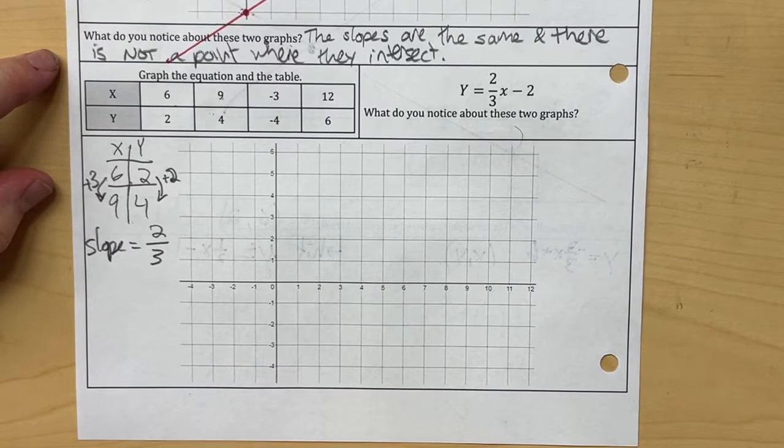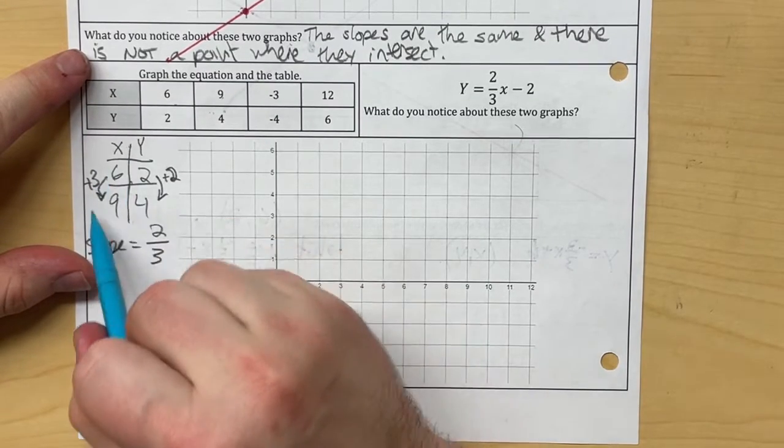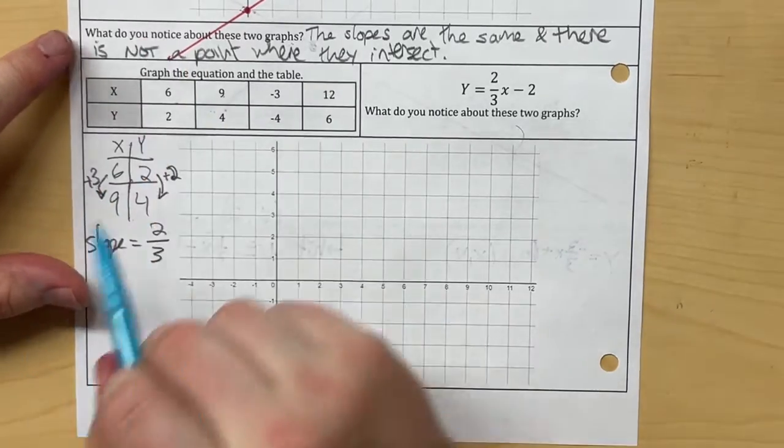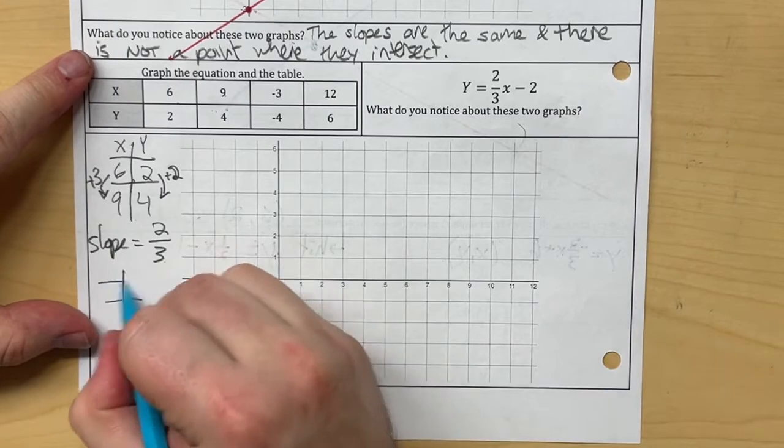I need to figure out my y-intercept. That's the point where x equals 0. So let's pick how we want to do this. Well, I can say my change in x is 3, and so instead of going down the ladder, I can go up the ladder. So I can say some other ordered pairs that would be on this graph.